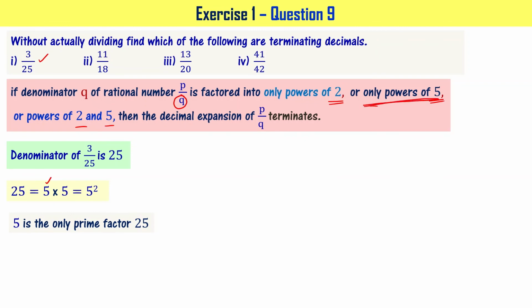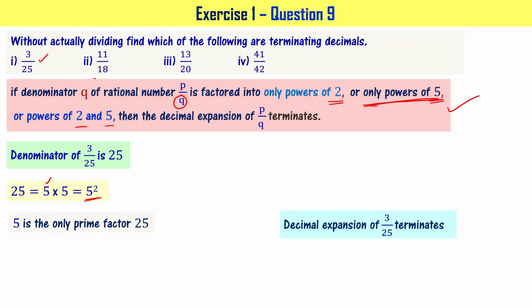Only powers of 5 I could express. 25 is expressed as 5 square. Now, based on this definition, I can say that 3 by 25, when you write it in its decimal form, it is going to have terminating decimal, right? Let's write that. Decimal expansion of 3 by 25 is going to terminate.